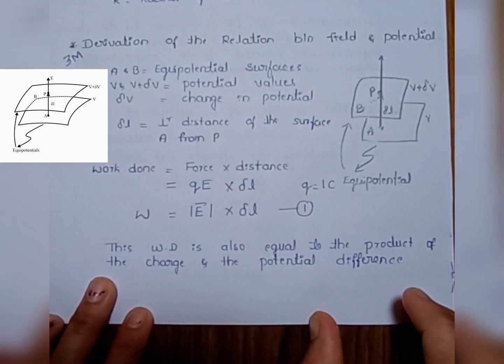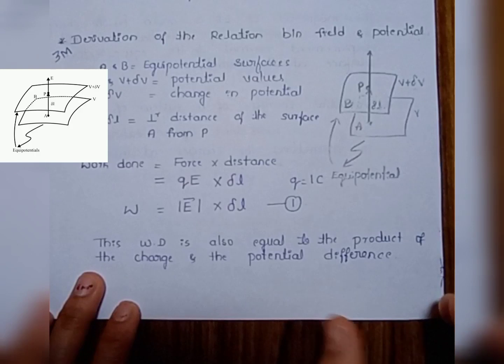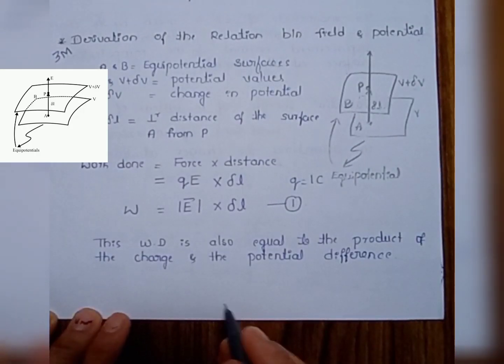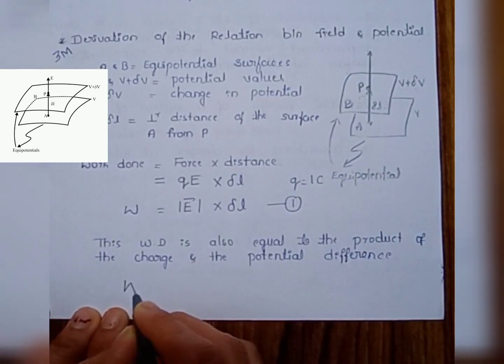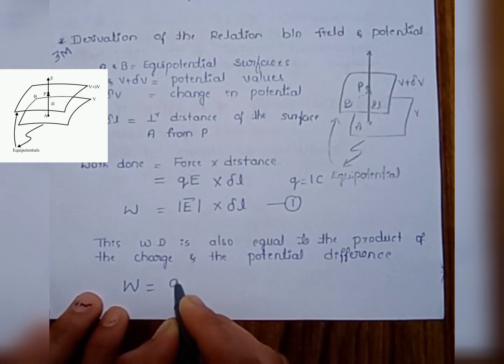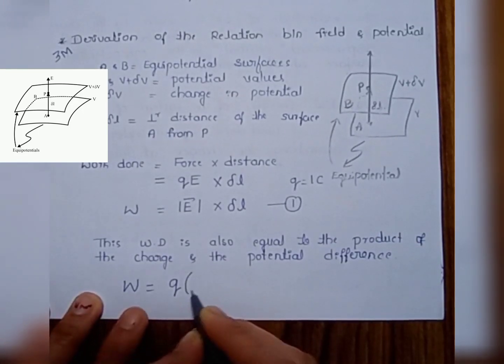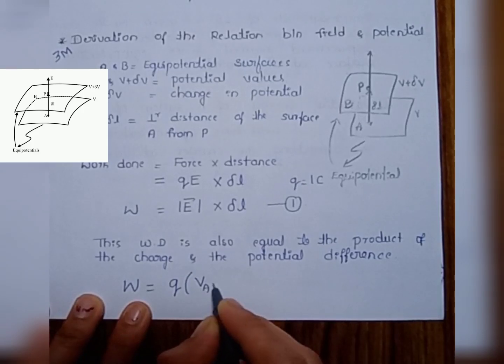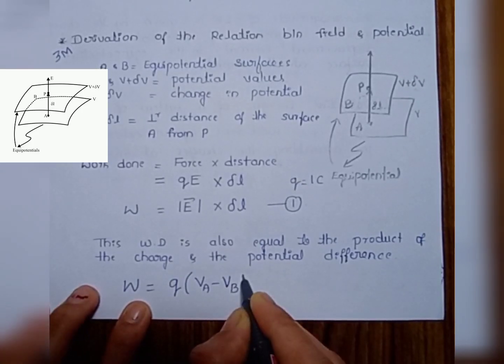This work done is also equal to the product of the charge and the potential difference. That is, W is equal to the product of Q and the potential difference VA minus VB.